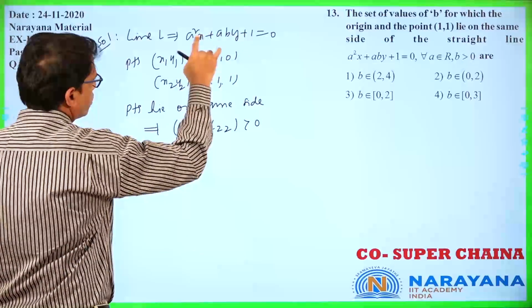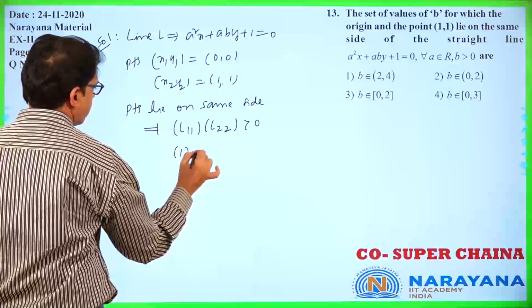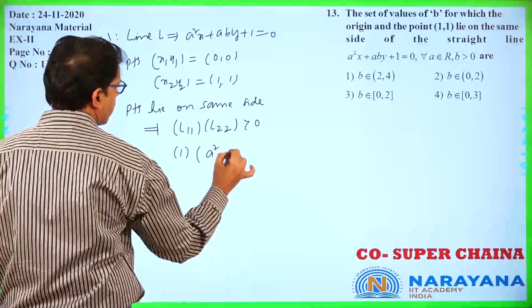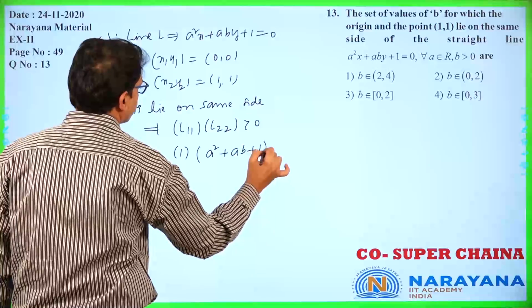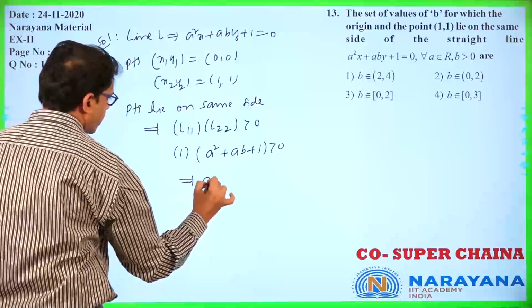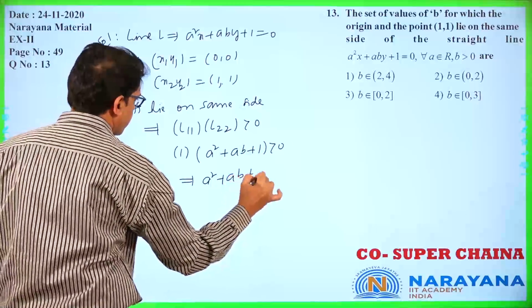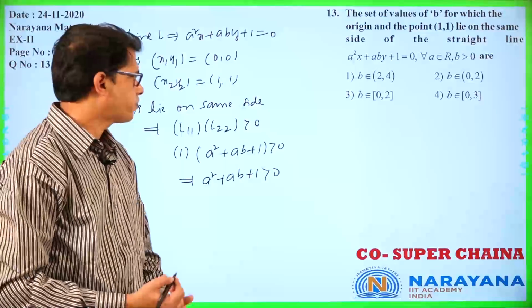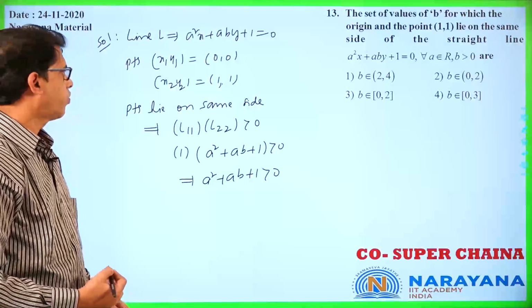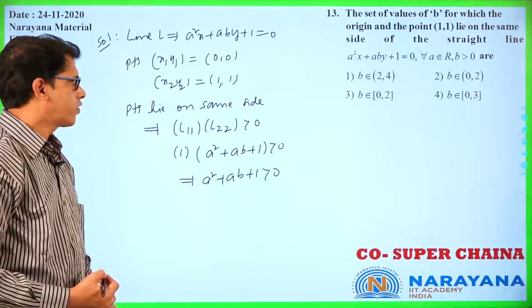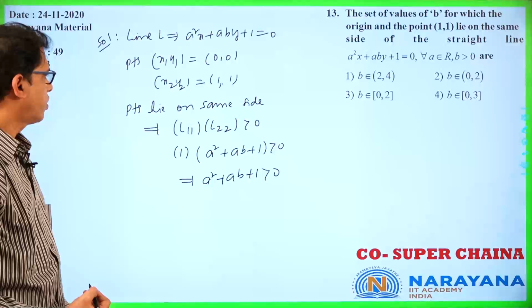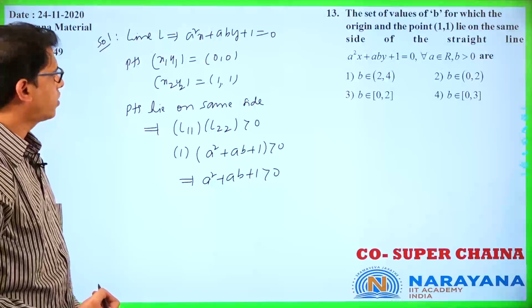L11: first apply (0, 0), this is 1. L22: in the place of x1 and y1, we get a square plus ab plus 1 greater than 0. This is a quadratic in a, and the quadratic is positive. If the quadratic is positive, then D must be less than 0 for the points to lie on the same side.